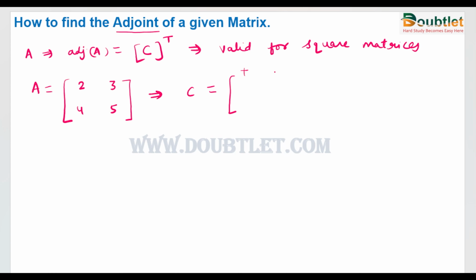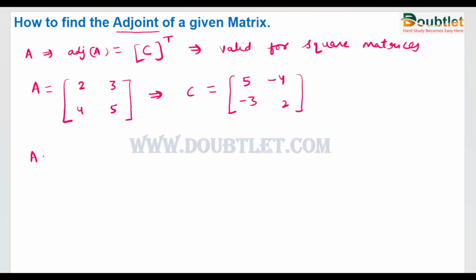So we can write the signs as plus, minus, minus, plus, and we will find the minors also. This will be 5, this will be minus 4, this will be minus 3 and this will be 2. So this is the cofactor matrix of A.